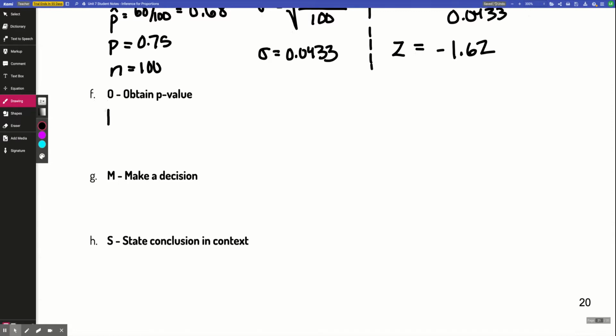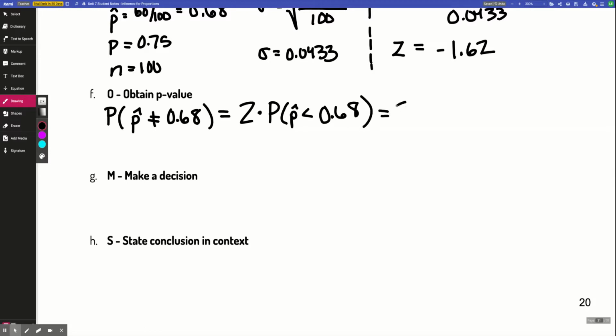So what we are calculating is the probability that p hat is not equal to 0.68. Because we're dealing with a not equal to here, that's the same as 2 times the probability that p hat is less than 0.68.